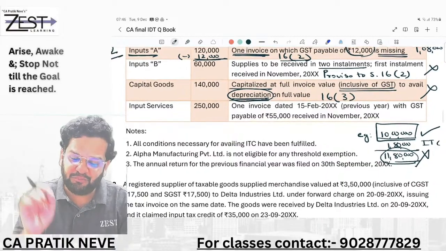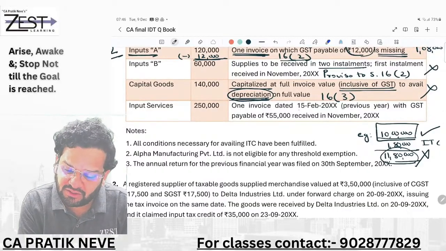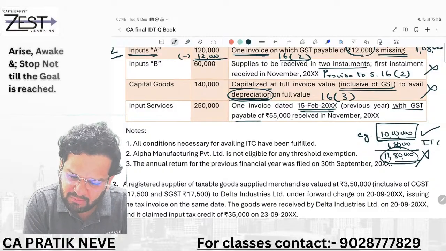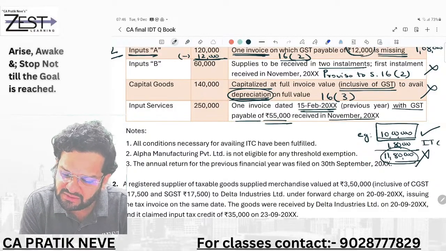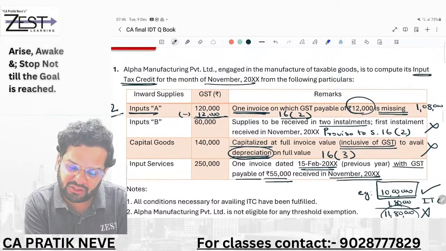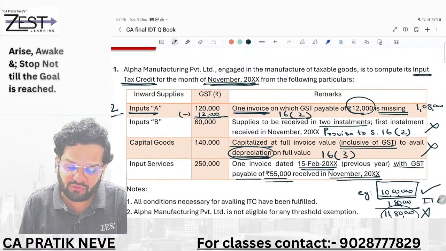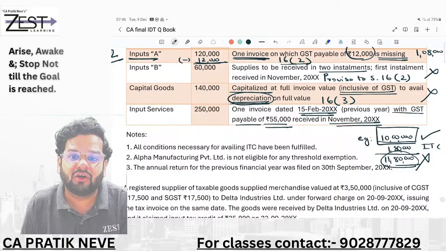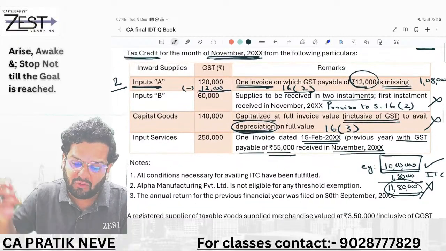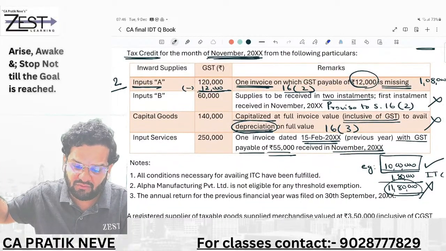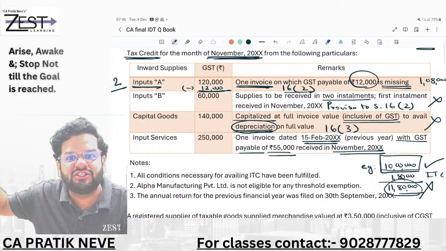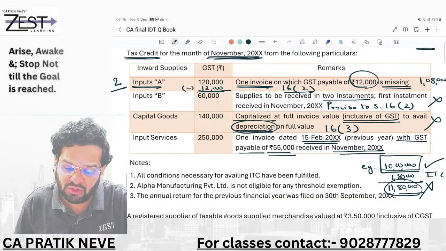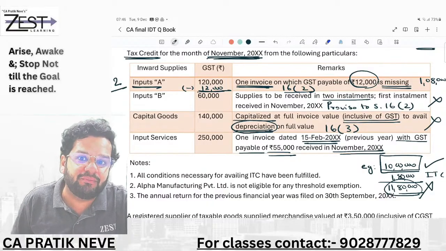Then, input services. One invoice dated 15th Feb of last year with GST payable of 55,000 is received in November. We are right now sitting in the month of November. And from this 2,50,000 of GST, one of the invoices was of last year on which GST was 55,000. My question is very simple: what was the last date of claiming ITC?